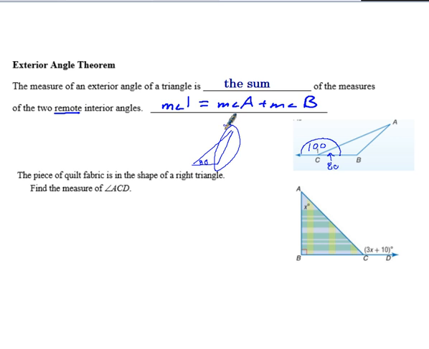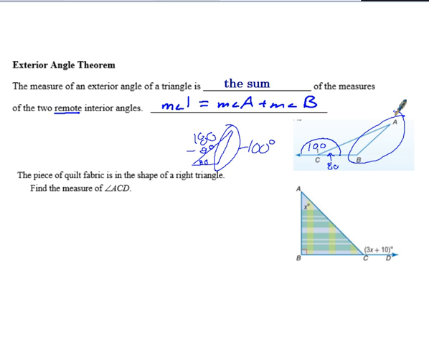Well, we know that the whole triangle has to equal 180, and if I already have an 80-degree angle in there, I'm left with 100 degrees to split between these two angles. I don't know what those two angles are, but I can at least tell you that when I add these two things together, it's going to equal 100 degrees. So that's what the exterior angle theorem states.